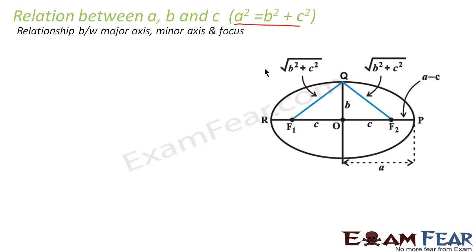So we prove this. Let's take this point P here. P is on this ellipse. We have to prove this.